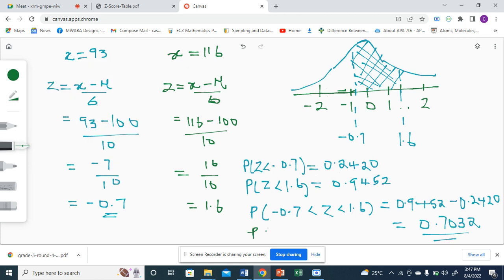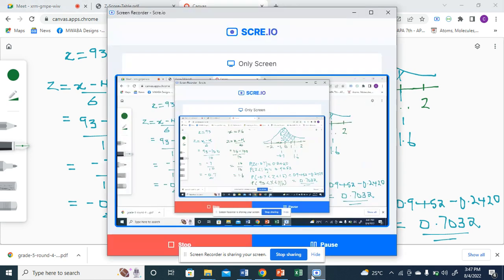The probability that the IQ is between 93 and 116 is 0.7032. Here this X represents the IQ. Questions?